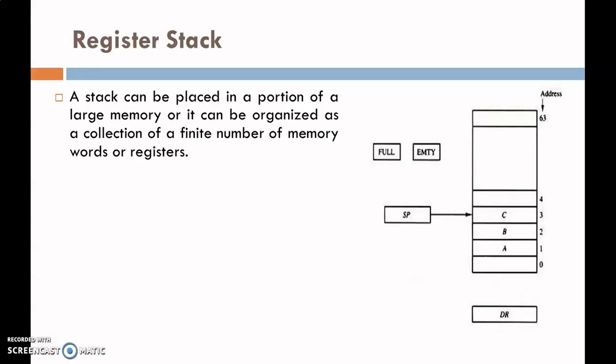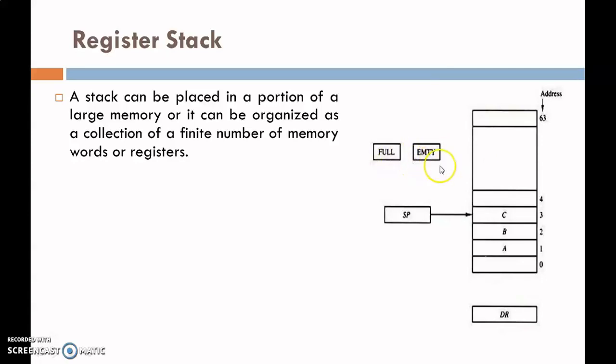In this diagram, this is a register stack which can hold a total of 64 words. The starting address is 0, then 1, 2, 3, 4 and the last address is 63. It can be composed of registers. Now two registers are used to check whether the stack is empty or full.